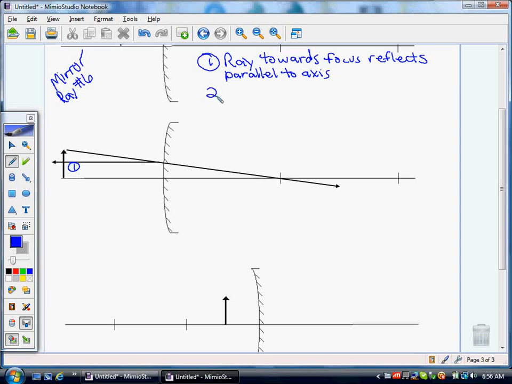Now our second ray that we're going to look at is a ray parallel to the principal axis reflects as if it came from the focus.